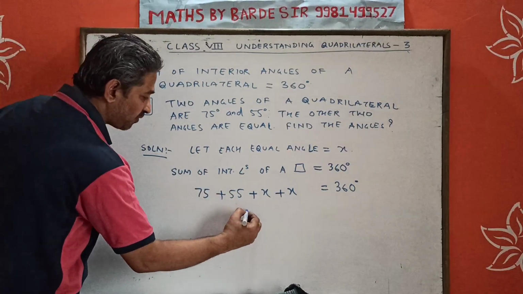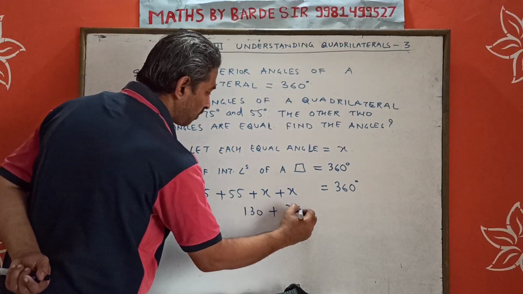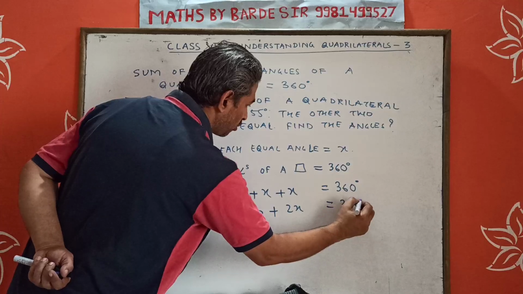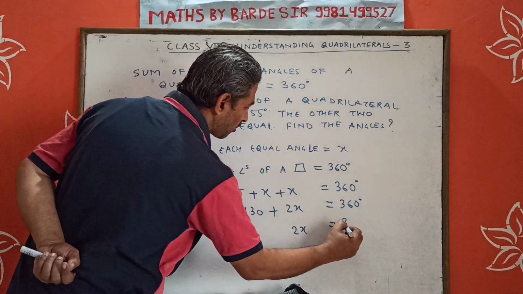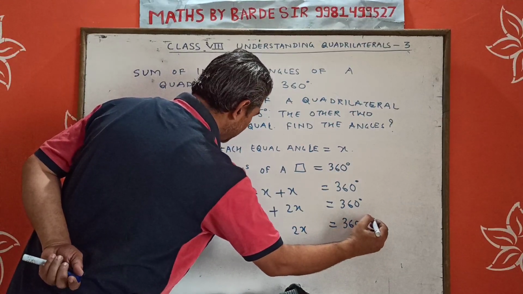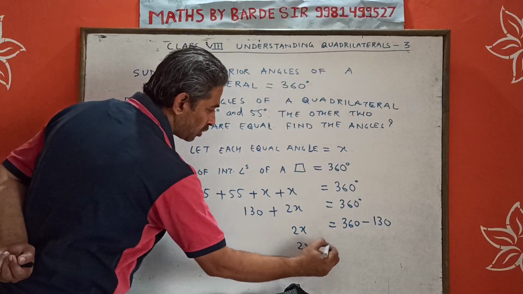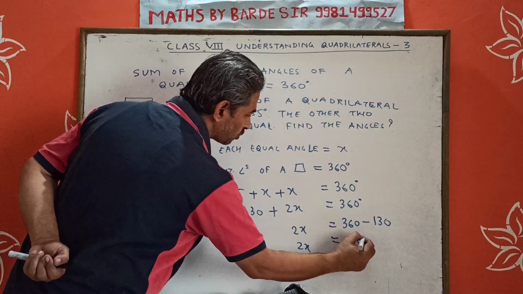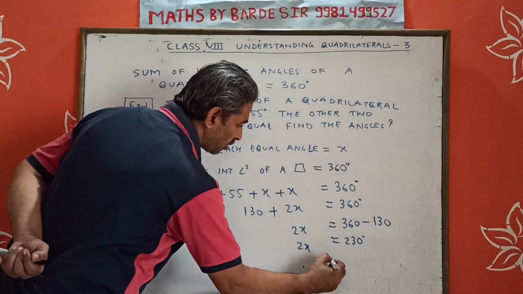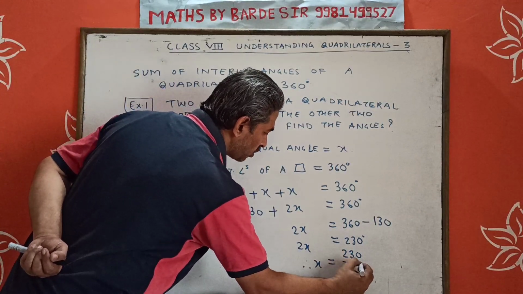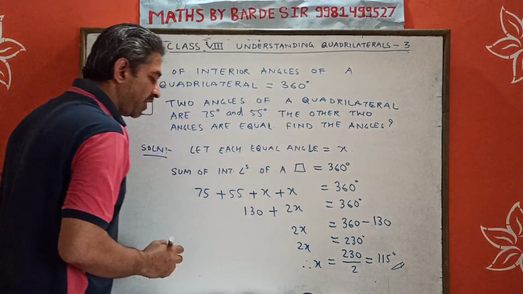75 plus 55, 130, plus 2x equal to 360. Therefore 2x equal to 360 minus 130. 2x equal to 230 degrees. Therefore x is equal to 230 upon 2, which is 115 degrees.